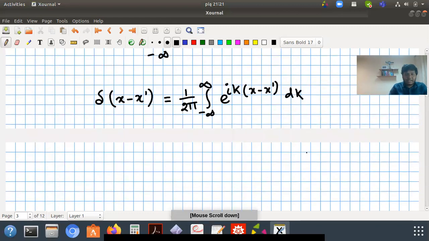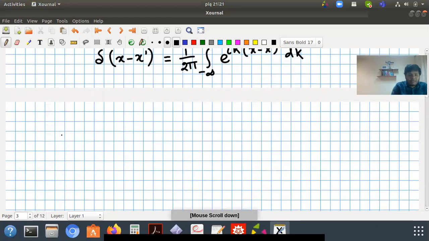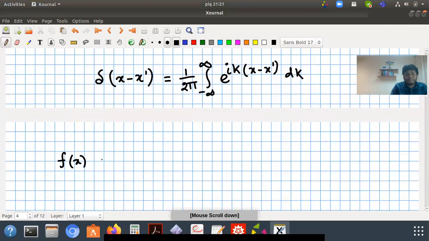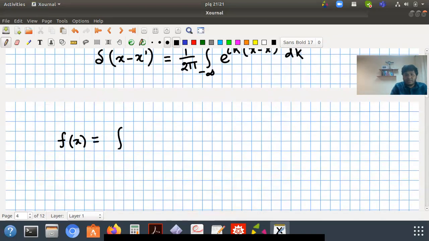Okay, great. Now let me write f of x. So now we will get two integrals. One integral on x prime, which is already there, and another integral we get for the delta function. Both have the same limit from minus infinity to plus infinity. Let's take 1 over 2 pi out. There is one more integral, and there will be one function f of x prime.